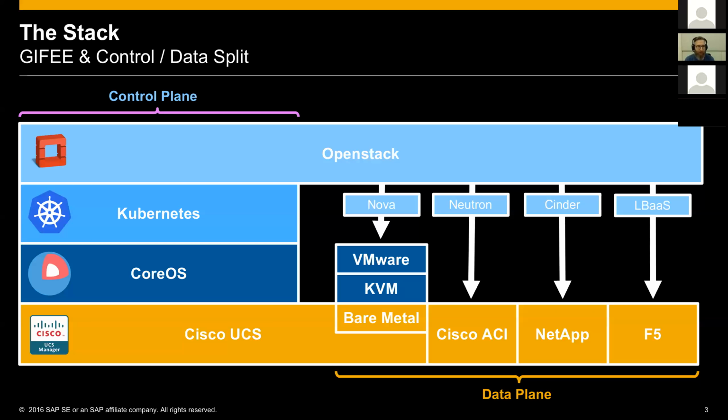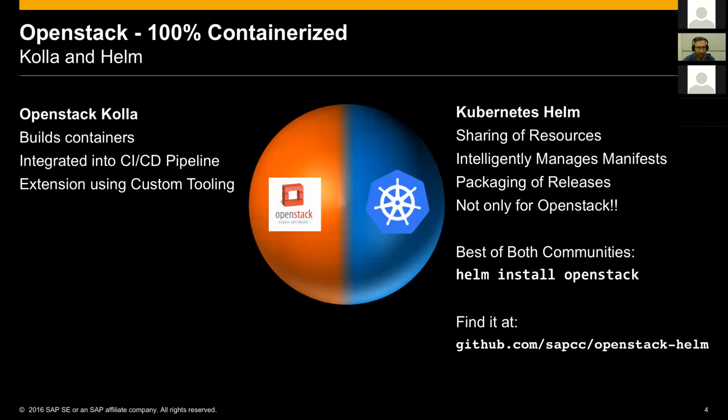So we're going with the GIFEE stack that Kolla showed. We have Kolla on the bottom, put Kubernetes on top, and then we're using Kubernetes to actually deploy our OpenStack. The containers we're deploying come out of the OpenStack ecosystem. There's a distribution called Kolla, and we're building those containers ourselves.